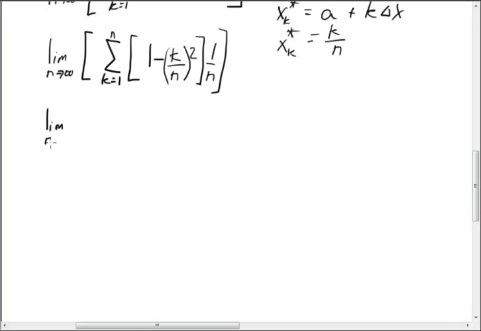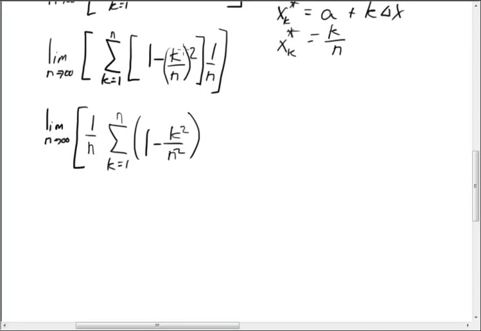Limit as n approaches infinity. Now what we're going to do is break up this sum. First we're going to pull out this 1 over n and put that in front of the sum. It doesn't have a k term, so we can do that. 1 over n sum k is equal to 1 to n of 1 minus k squared over n squared. So I squared the term inside. Close limit.